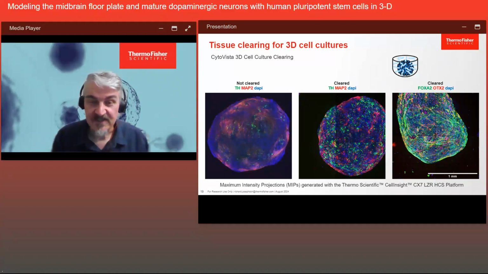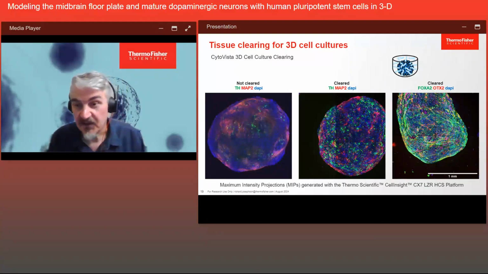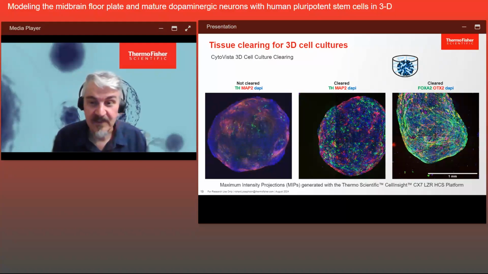The center is another 3-week-old organoid stained with the same antibodies and then subsequently cleared with the CytoVista reagent. And at right is a 3-week organoid that's been stained for the ventral midbrain markers FOXA2 and OTX2 and then cleared, showing you the large numbers of midbrain floor plate progenitors in these organoids.